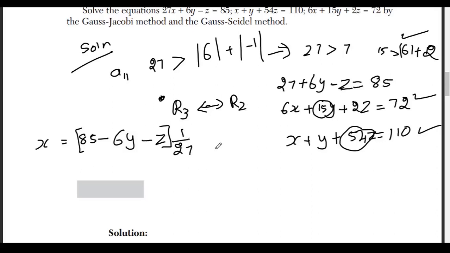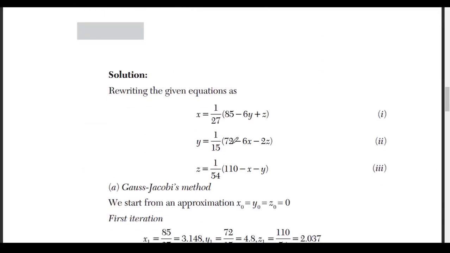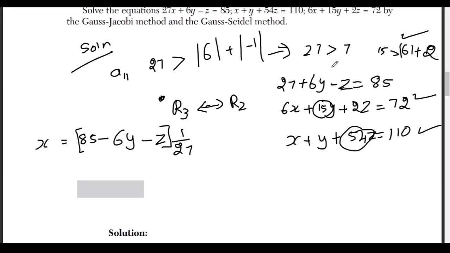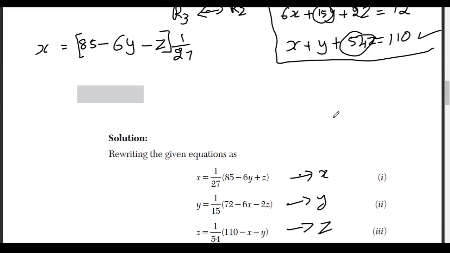After rearranging, we get these equations: this one rearranged for x, this one for y, and this one for z. These are the three rearranged equations.